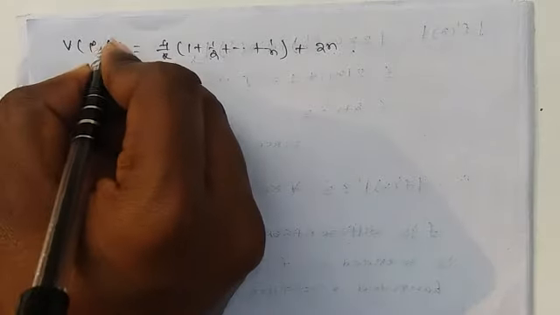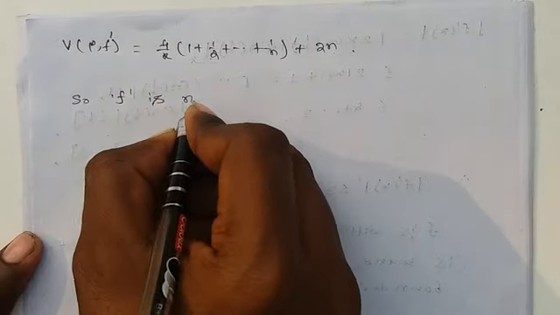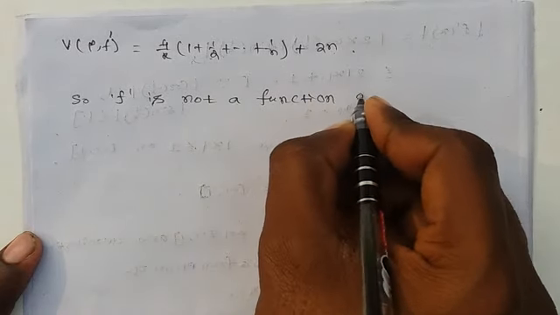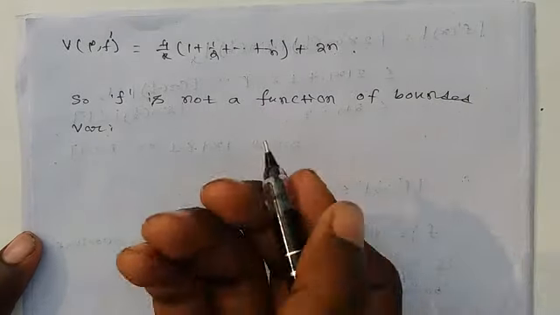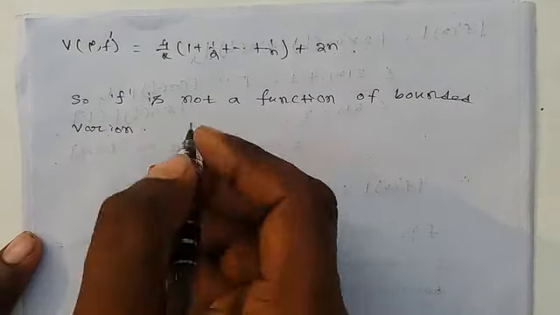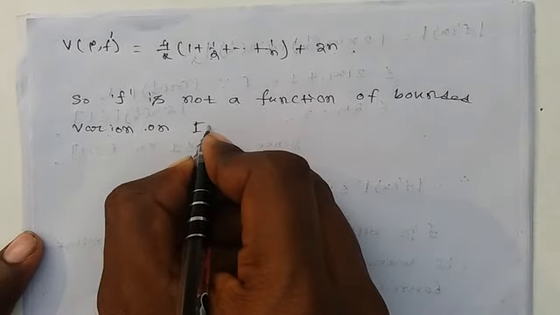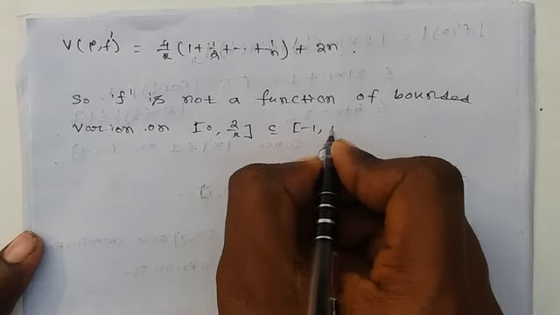So f dash is not a function of bounded variation on this 0 to 2 by pi, and this is a subset of minus 1 to 1.